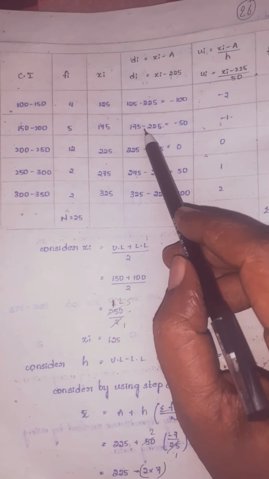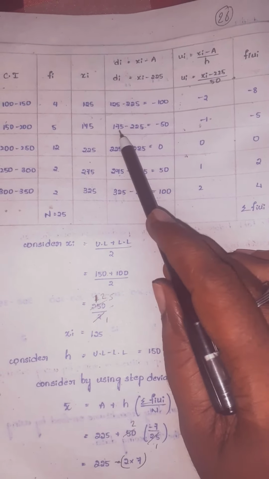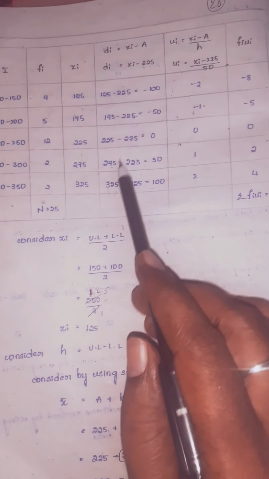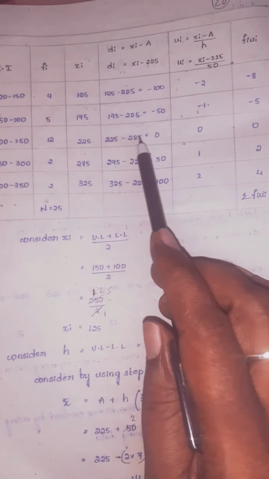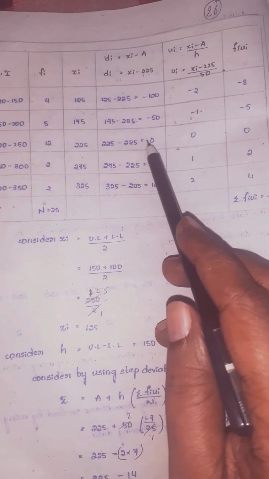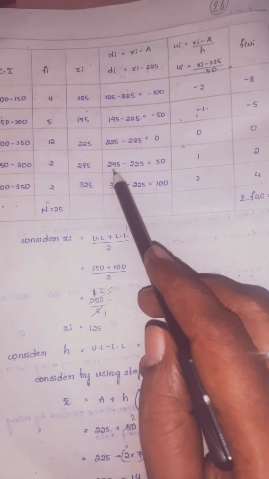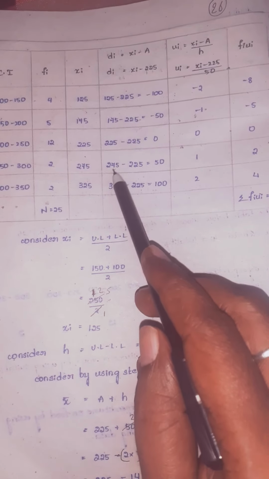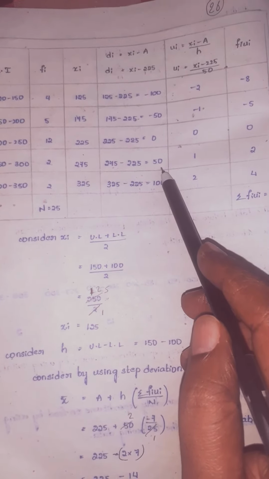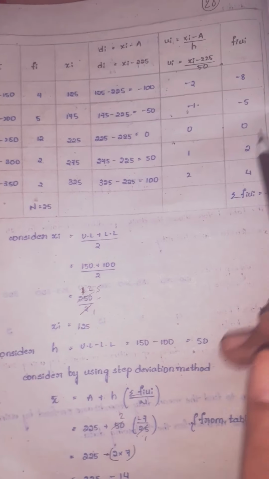Because the big number has the negative sign, indirectly you should do subtraction, 225 minus 175. Here 225 minus 225, both are same, means 0. Next 275 minus 225. The big number has the positive sign, so directly it will come 50. Next 325 minus 225, so direct answer is 100.